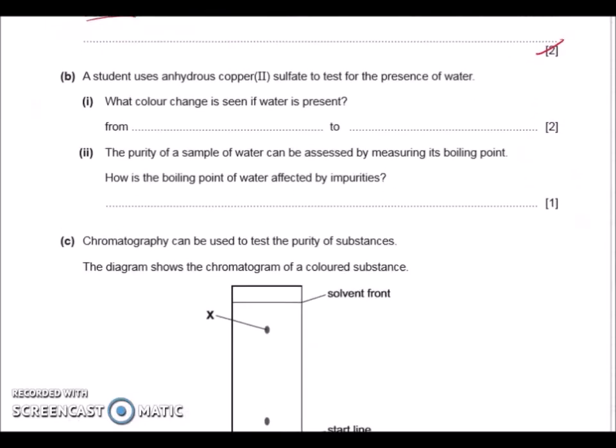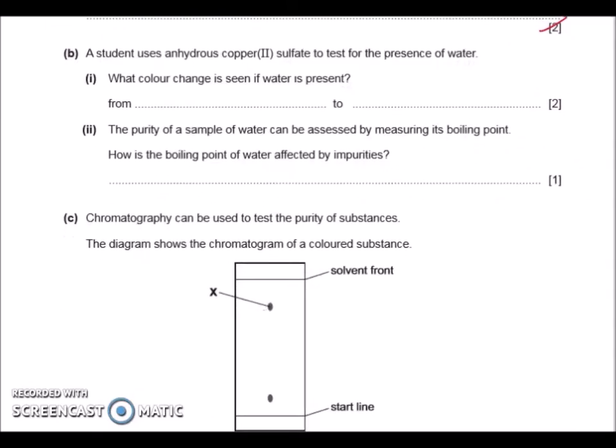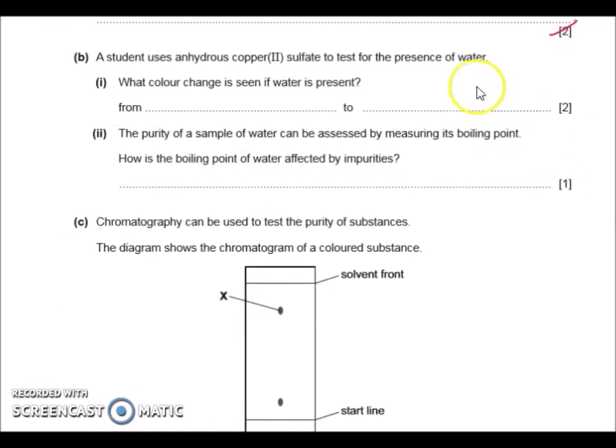Now let us look at question B. A student uses anhydrous, which is dry, meaning no water added, copper 2 sulfate to test the presence of water. So when you have water, what happens? The copper 2 positive ion will have a blue color in the presence of water.